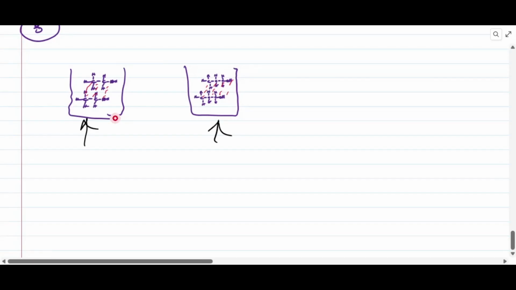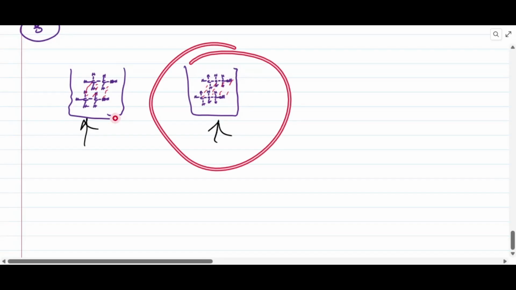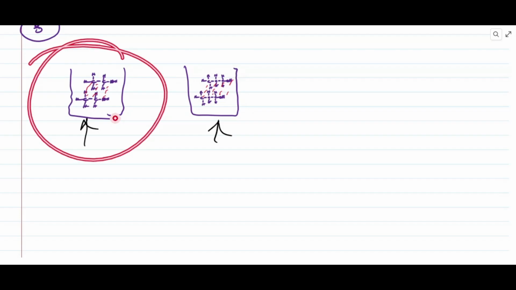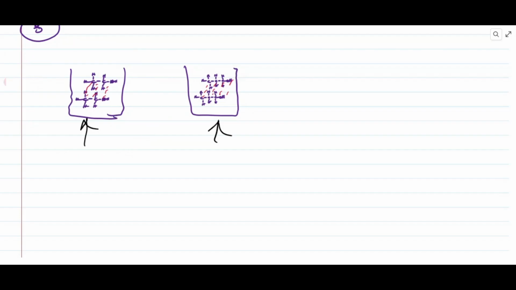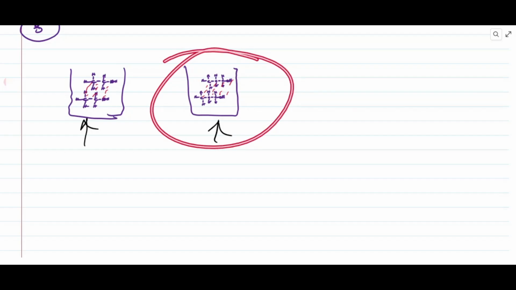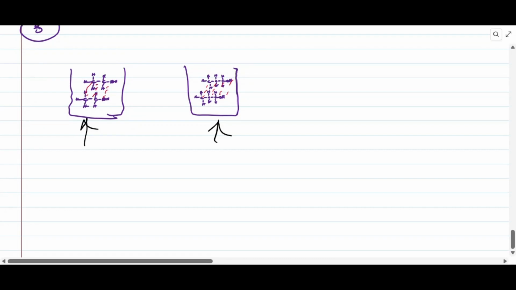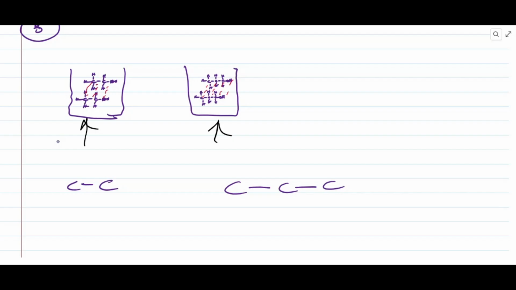And that is why this one will have higher boiling point and at the same time higher melting point compared to this. Generally, the chain length of this is more than the chain length of this. So we have only 2 carbon atoms joined together in ethanol. But in this case, we have 3 carbon atoms joined together in propanol. So chain length increases as you go.